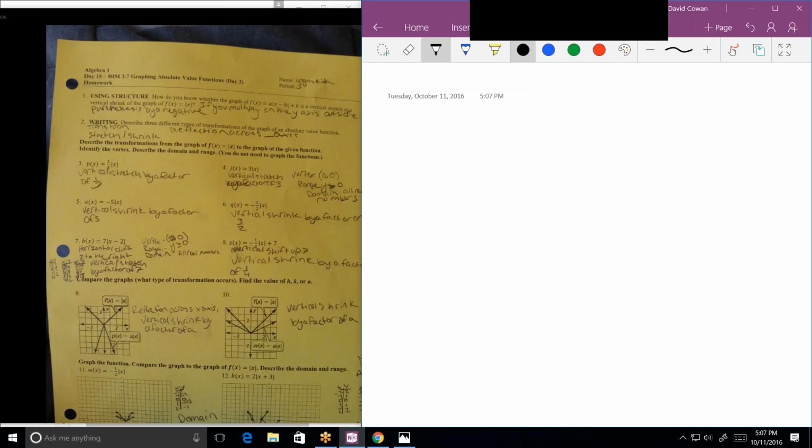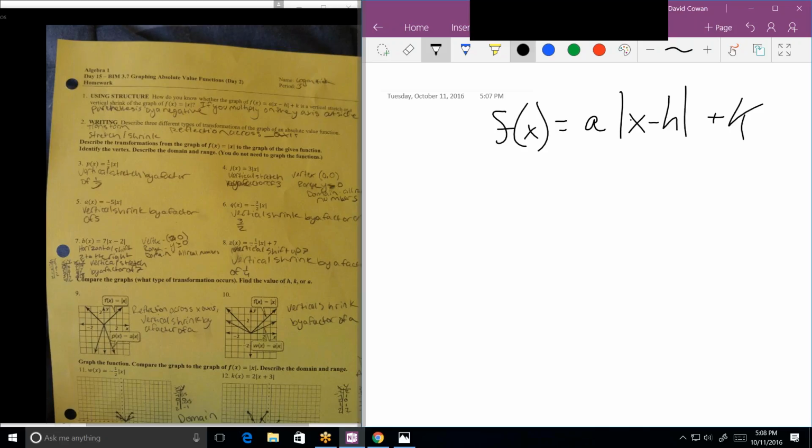So they're saying, how do you know if f of x, which is equal to a times the absolute value of that plus k, is a vertical stretch or a vertical shrink of the function?